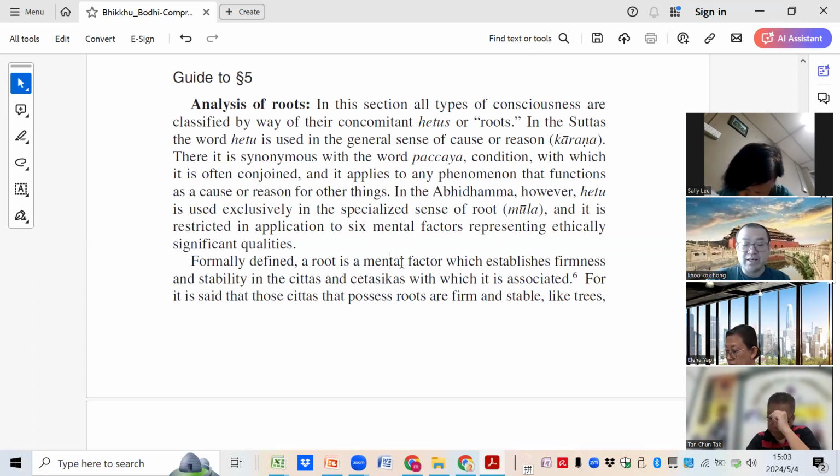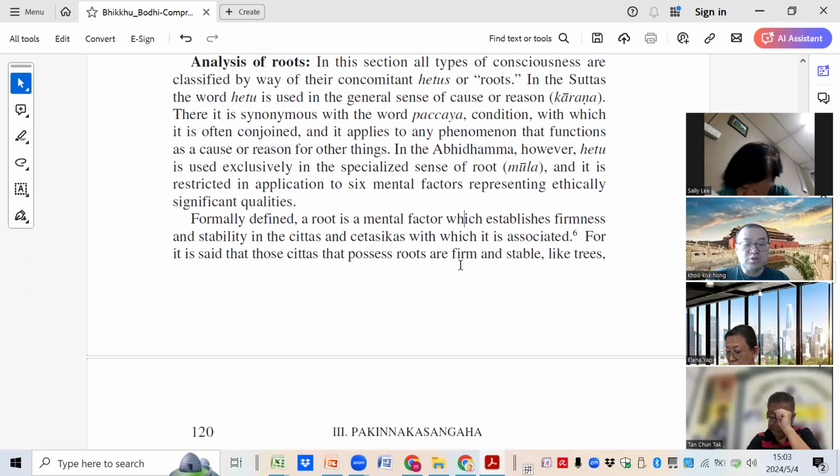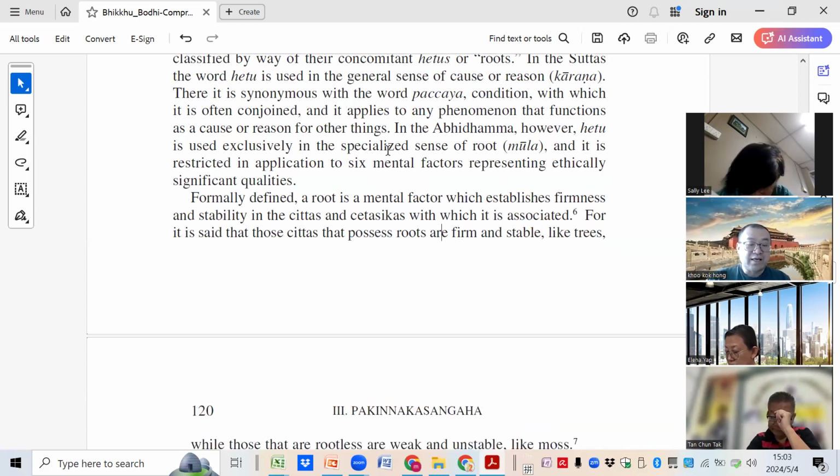In Abhidhamma, however, hetu is used exclusively in the specialized sense of root, mula, and it is restricted in application to 6 mental factors representing ethically significant qualities.